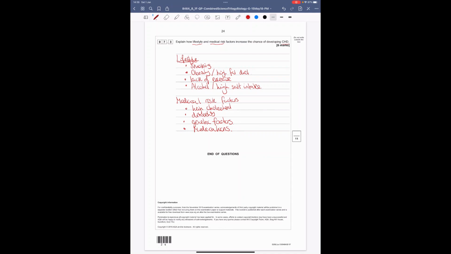So for example, smoking gives you a higher blood pressure. Obesity, again, as per the previous question, allows the build-up of fatty deposits. And then alcohol can also increase your cholesterol and blood pressure.